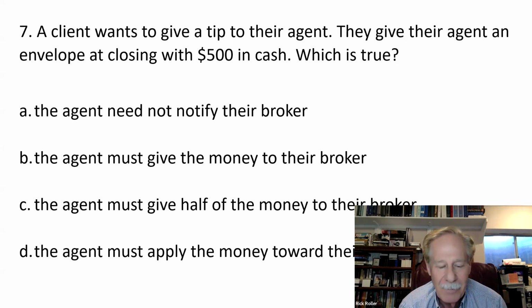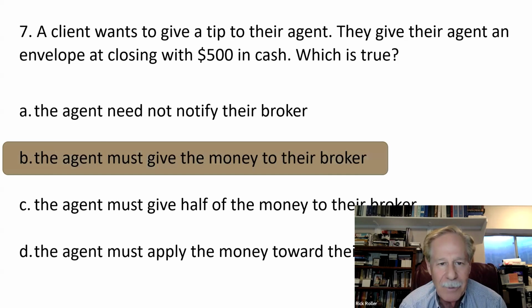So, number 7, the answer is B. The agent must give the money to their broker. Okay. There are no secret tip bonuses. Everything is paid through your broker. The broker is the only one that can give you a check. So they pay, the broker takes their cut, or maybe they don't. I don't know. It depends what your employment agreement says.